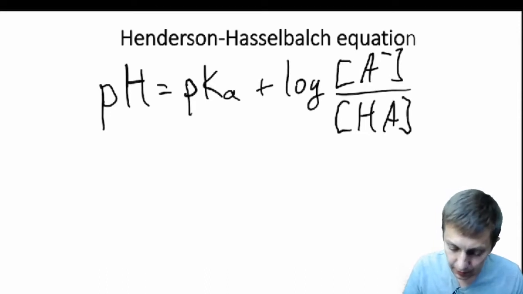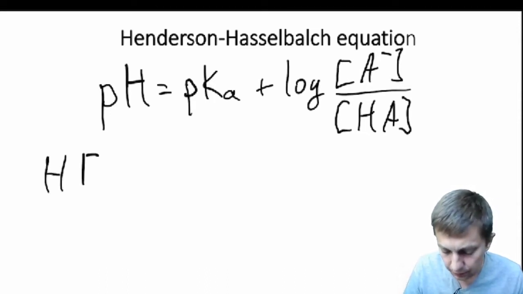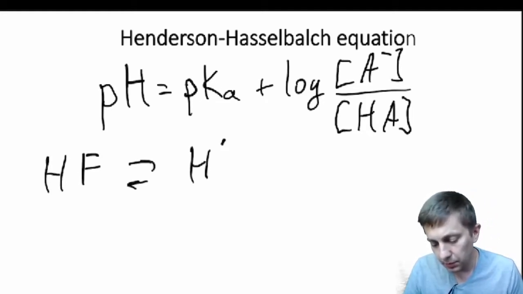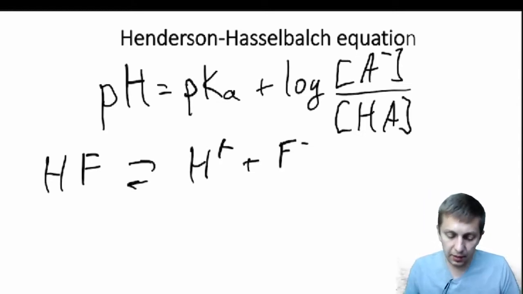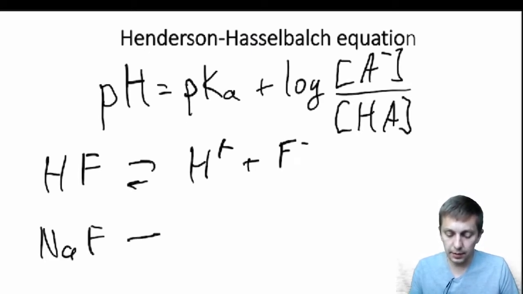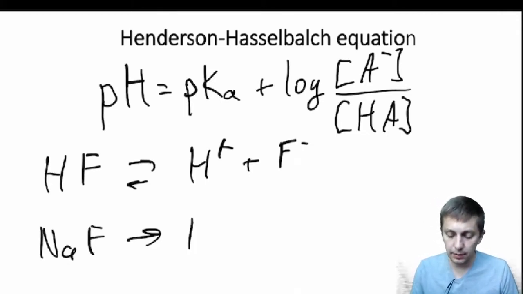For example, if we're dealing with HF, it reversibly dissociates into H plus and F minus. And if we're dealing with any salt of a weak acid, for example a soluble salt, it reversibly dissociates into Na plus and F minus.